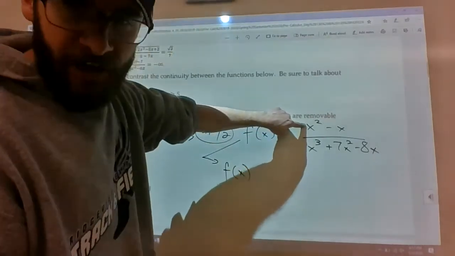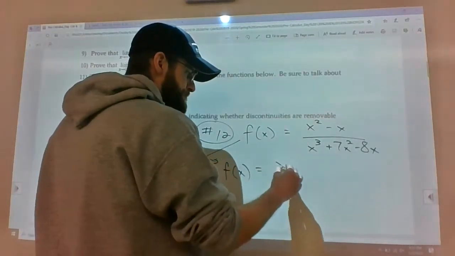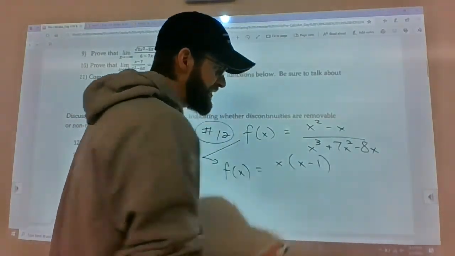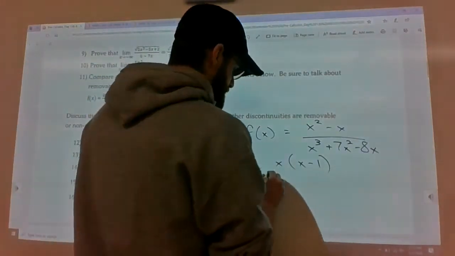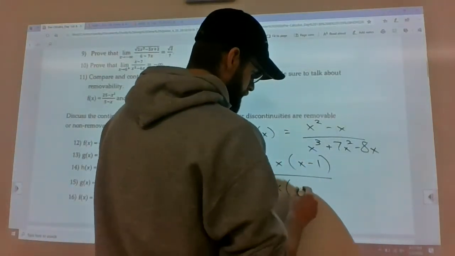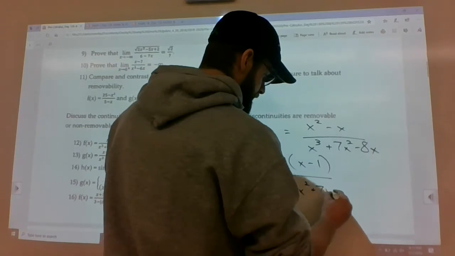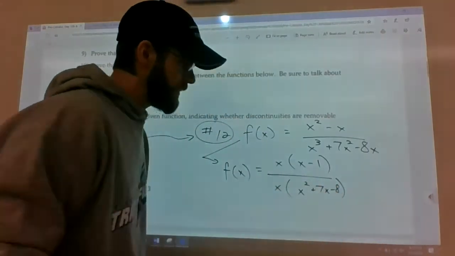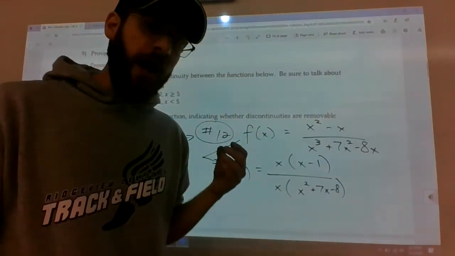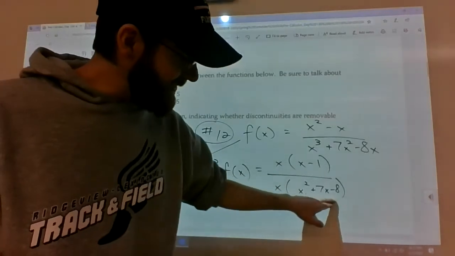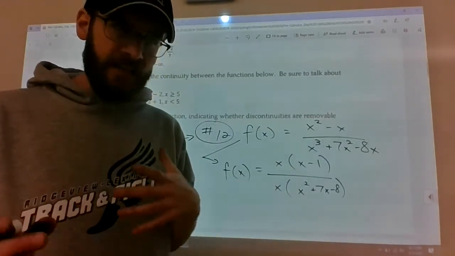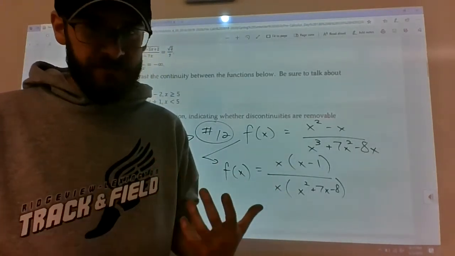The numerator factors an x out. The denominator factors an x out. You're left with a trinomial right here. And then you ask yourself, is this thing factorable? Maybe more stuff's going to cancel.